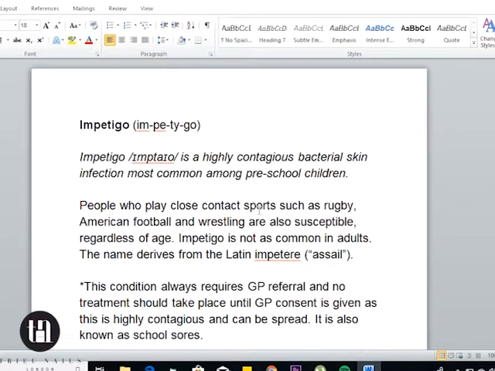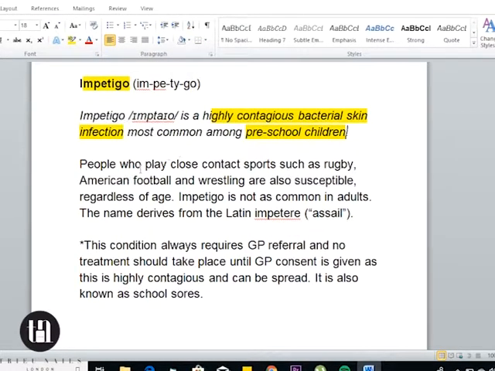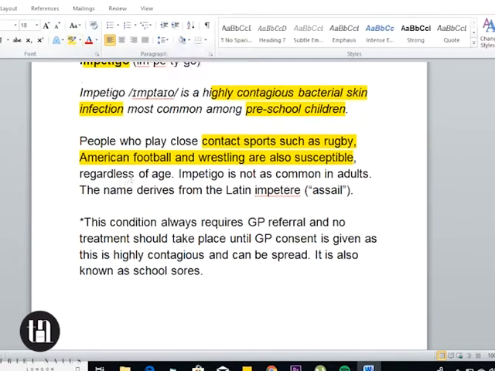The next skin disease is impetigo. It's a highly contagious bacterial skin infection, usually quite common in preschool kids. Those who play a lot of heavy contact sports such as rugby, American football, and wrestling are very susceptible to this, regardless of age.